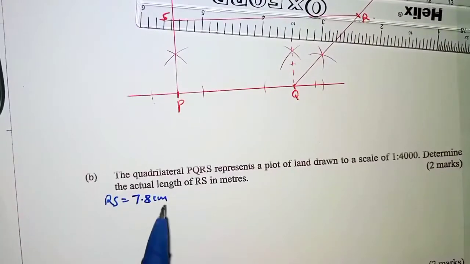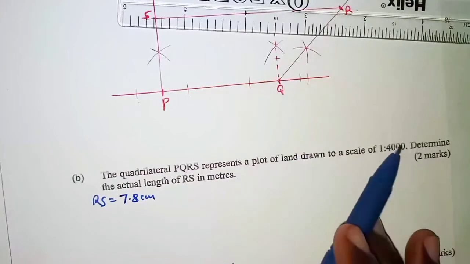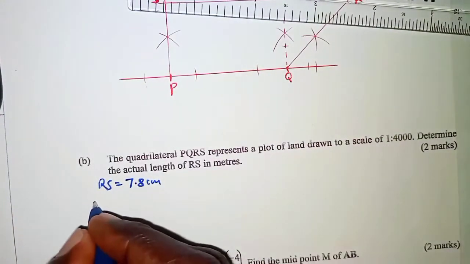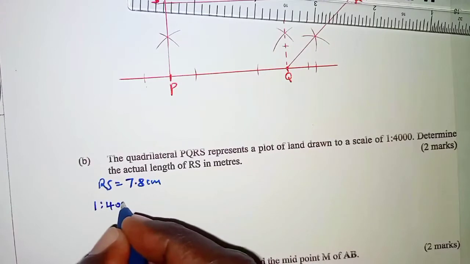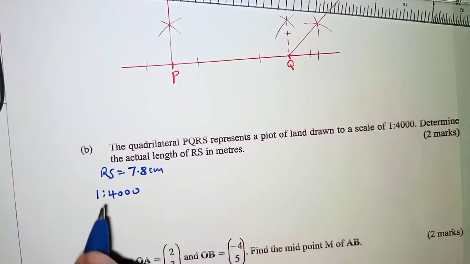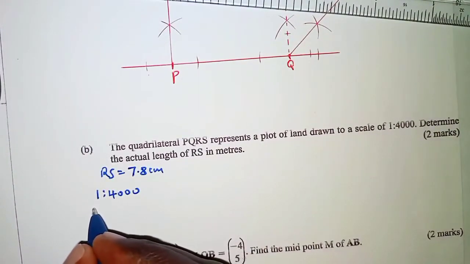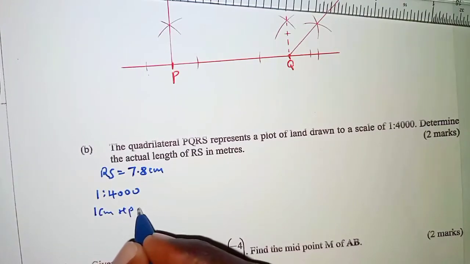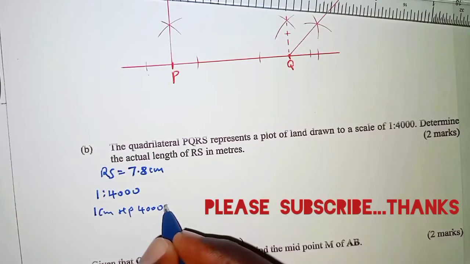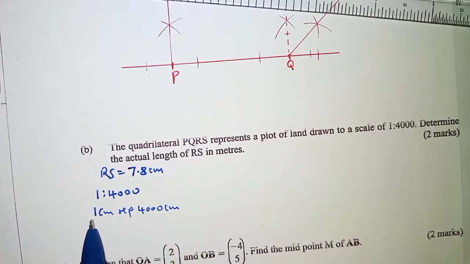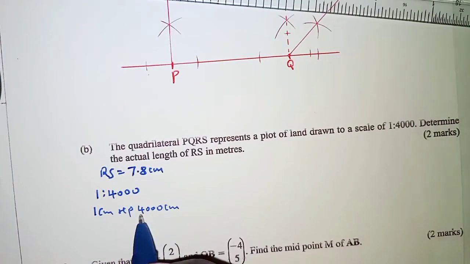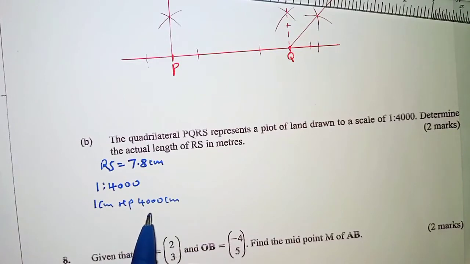So this is according to the scale. 1 to 4,000 we know can also be written as 1 centimeter representing 4,000 centimeters. So 1 centimeter on the scale drawing represents 4,000 centimeters for the actual length.